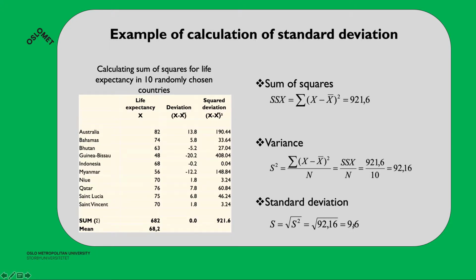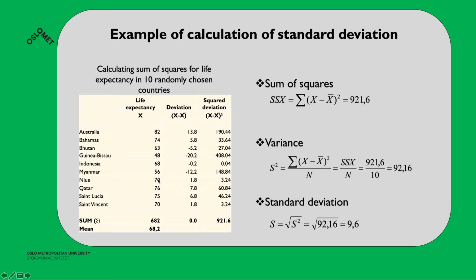So what does this say? First and foremost, it says something about variation around the mean, and as we can see here, there is quite a lot of variation in the life expectancy among these 10 countries, because it's from 48 up to 82 years, which is quite a huge difference.